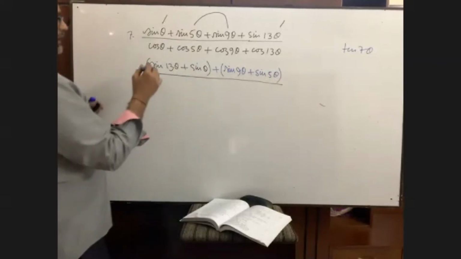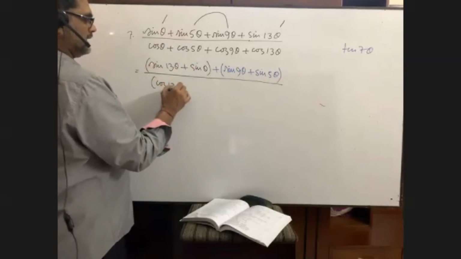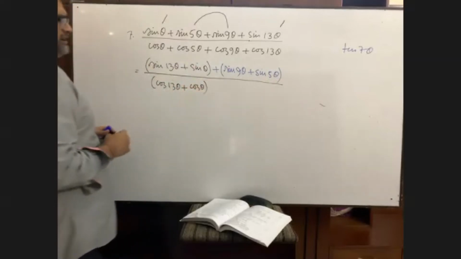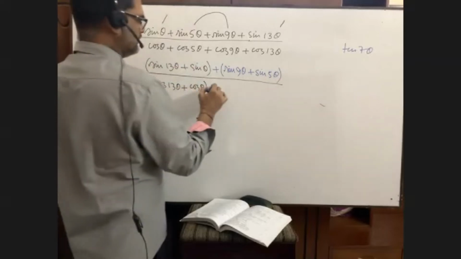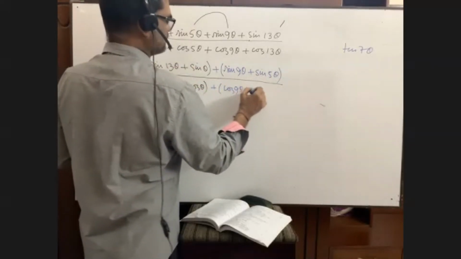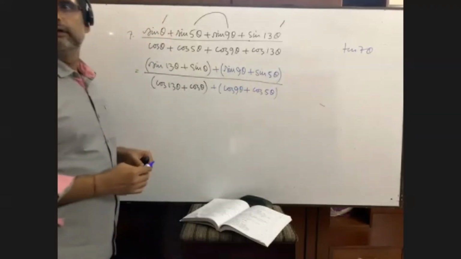In the same way, cos 13 theta plus cos theta, again cosine 9 theta plus cosine 5 theta, in this way.